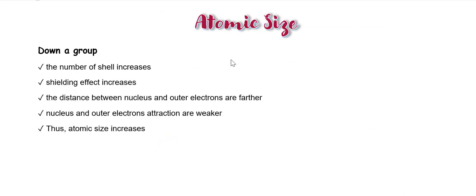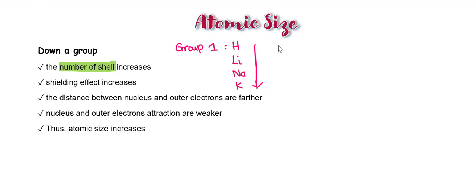How about the trend in atomic size down a group? For example, if we take group 1 elements, from hydrogen, lithium, sodium, potassium, and so on down the group, we can see that the number of shells increases. So what is the number of shells?